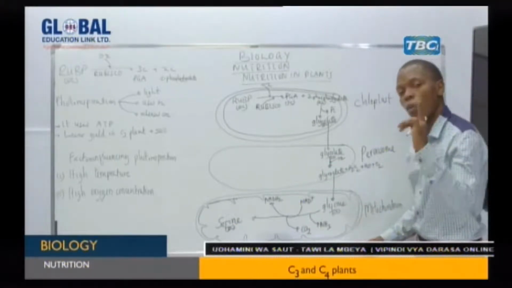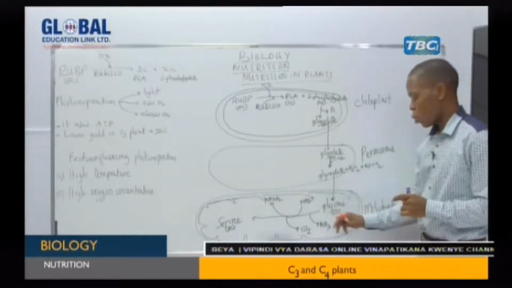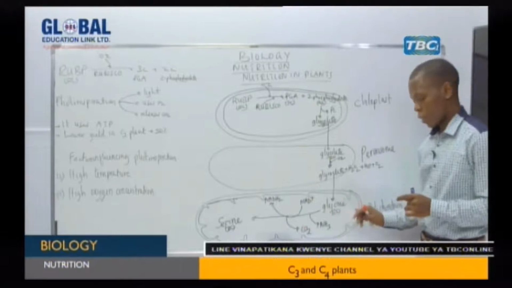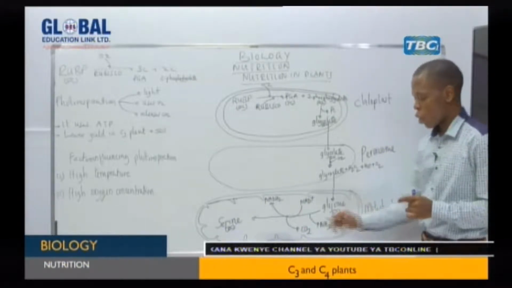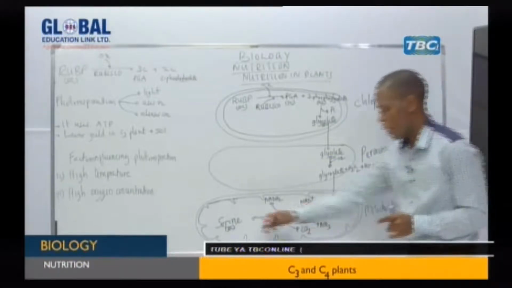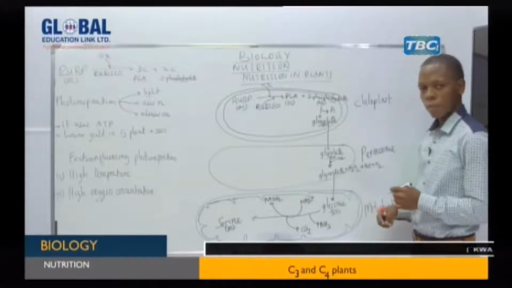Therefore, 2 molecules of glycine, 2 carbon, 2 carbon, therefore it has 4 carbon. In this 4 carbon, 1 carbon is lost in the form of carbon dioxide, and the remaining 3 carbon is the one used to form serine.